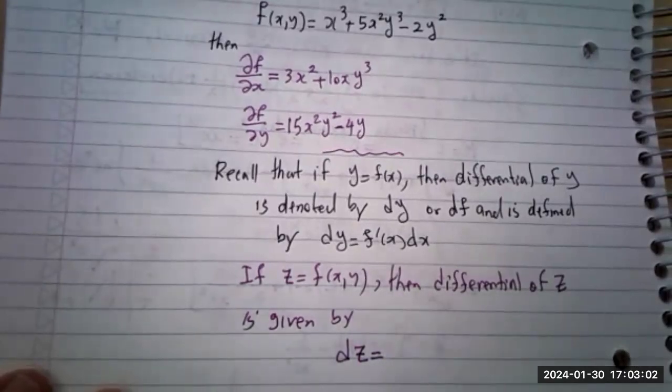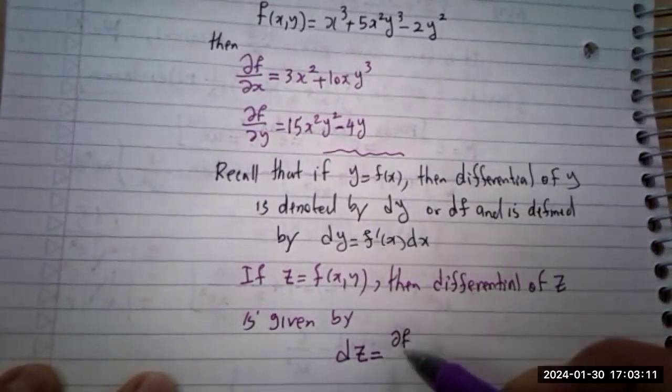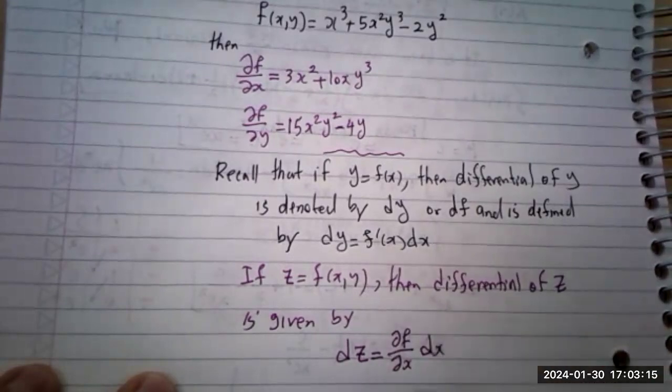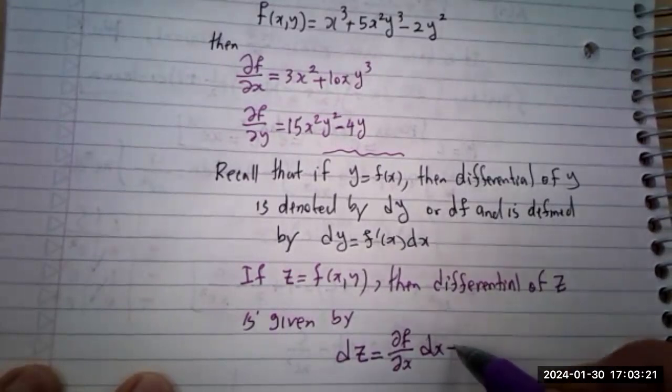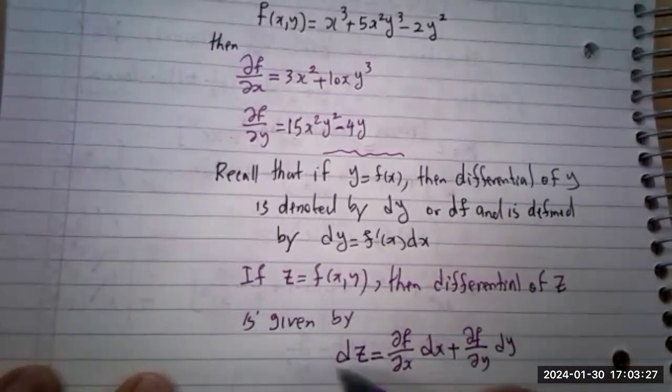But the function is a function of 2 variables. So the derivative that you can use is a partial derivative. So it's going to be the partial derivative of f with respect to x times the differential of x, times dx. Since it's a function of 2 variables, we continue, plus the partial derivative of f with respect to y times dy.